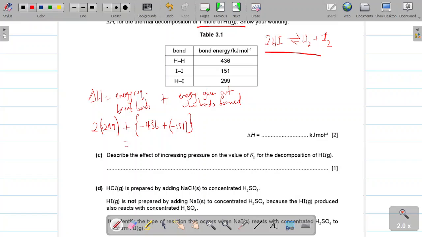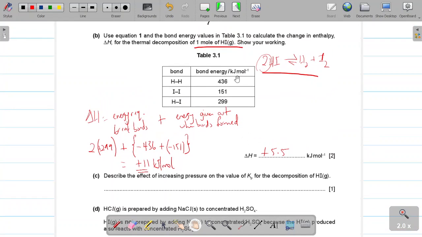And this works out to positive 11 kilojoules per mole. However, this positive 11 is for 2 moles of hydrogen iodide. The question asks for 1 mole, so we divide 11 by 2 and we will get positive 5.5 kilojoules per mole.